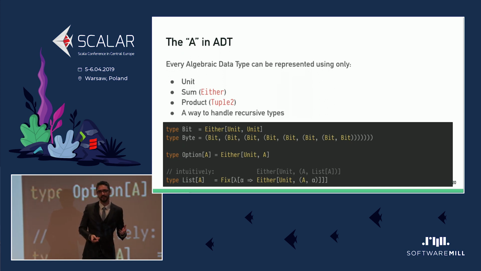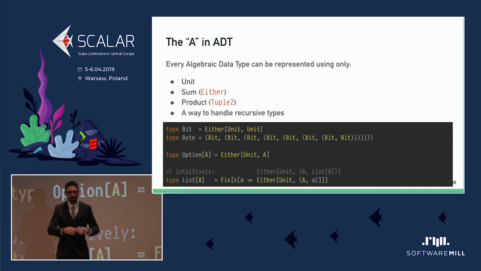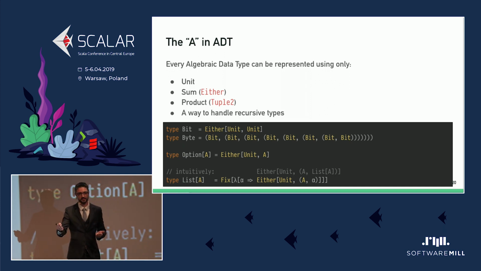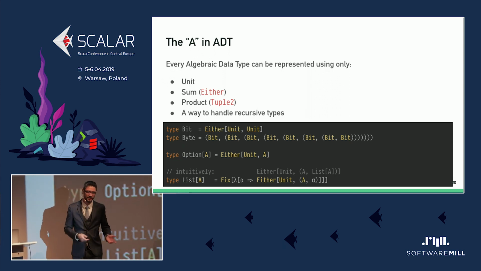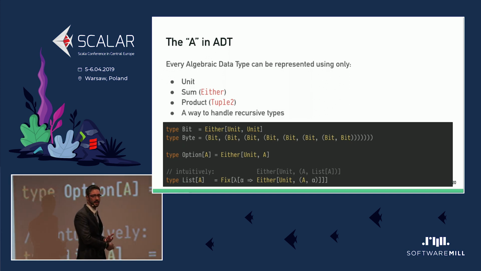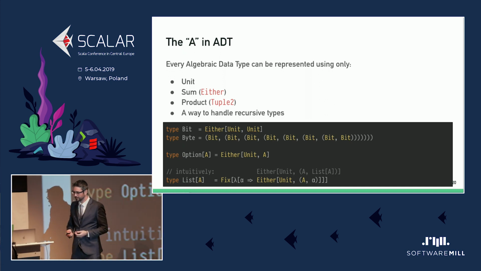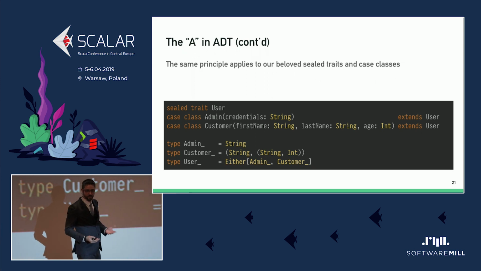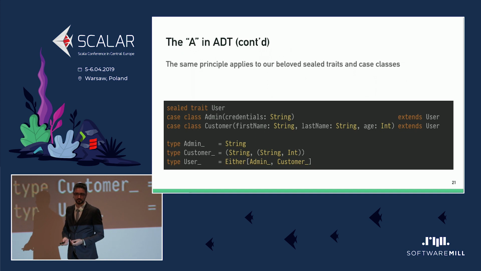But you could say that a list is either unit, for the nil case, or the pair of a head, an A, and a list, recursively. The problem is, in the Scala type system, you cannot represent recursive abstract types. But that's not a problem. So let's move on. Of course, this principle works with our concrete case classes and sealed traits.